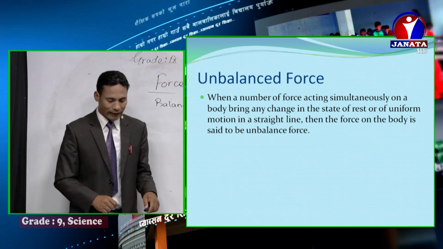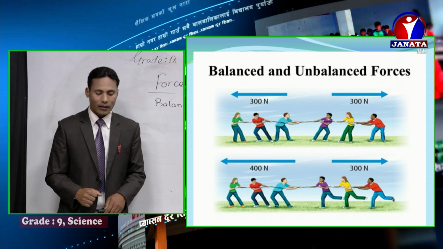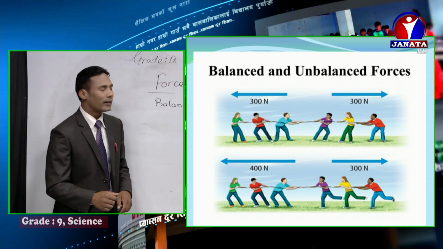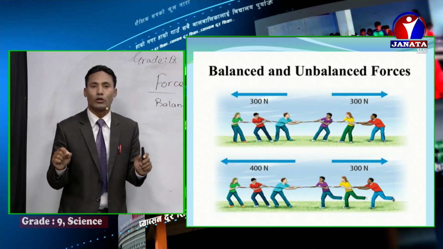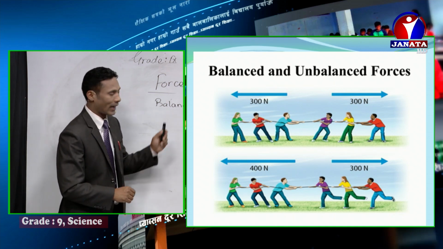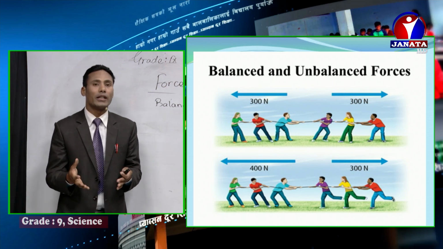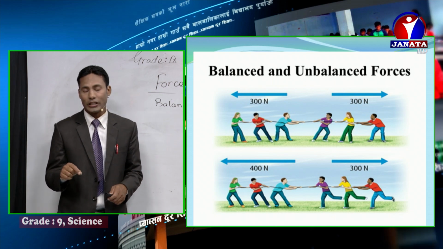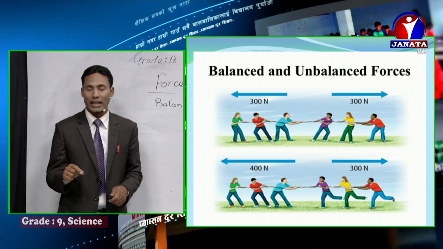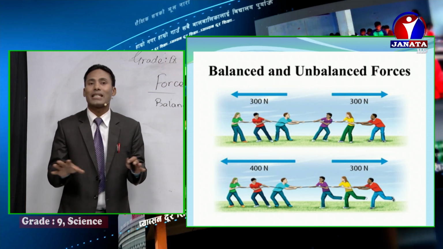So you can see on the screen, there are two figures I have kept, right? In the first figure, both groups are applying an equal amount of force, that is 300 Newton, you can see on the screen also, right? That's why the movement of the rope is not possible in that case, which is the balanced force. Both teams are applying an equal amount of force, so the state does not get changed.